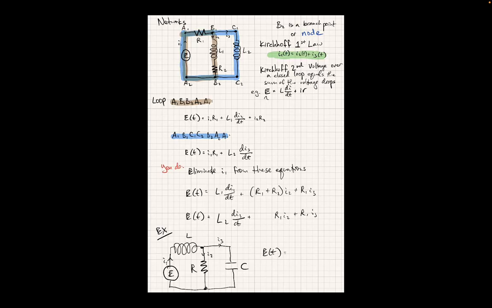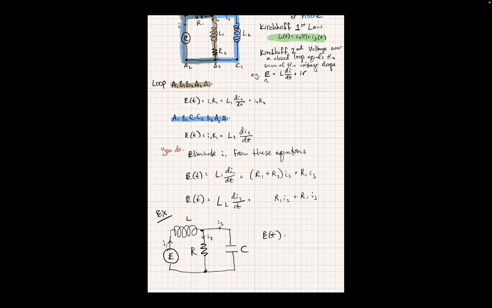No, it's a different one. The second one was the C.